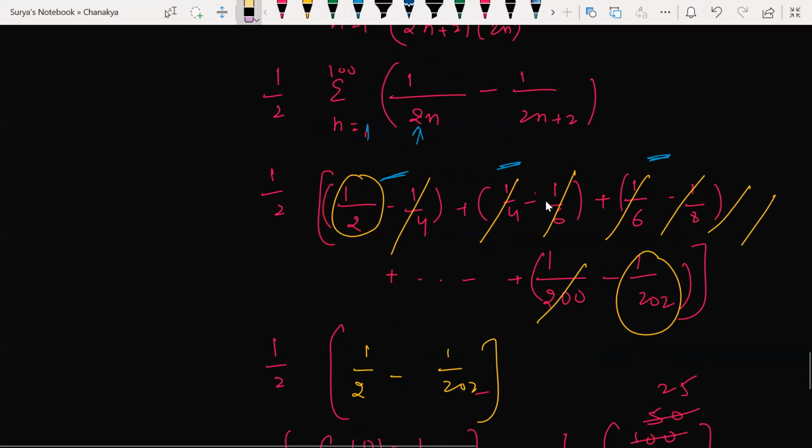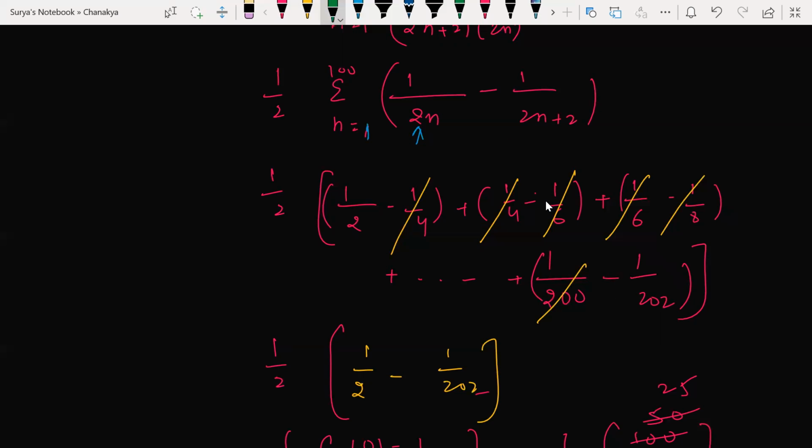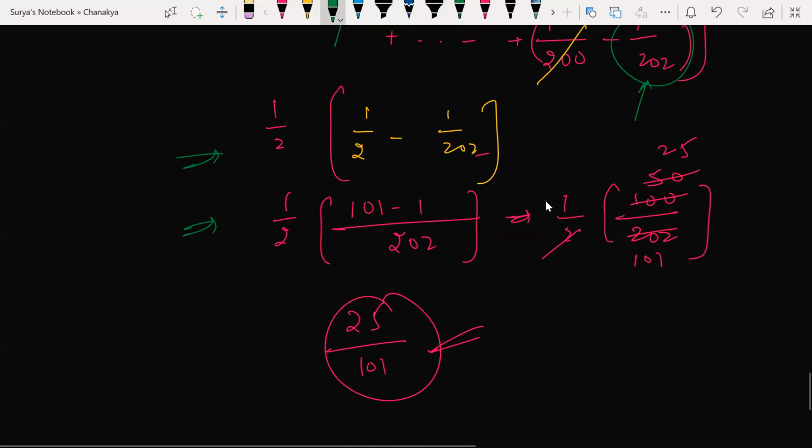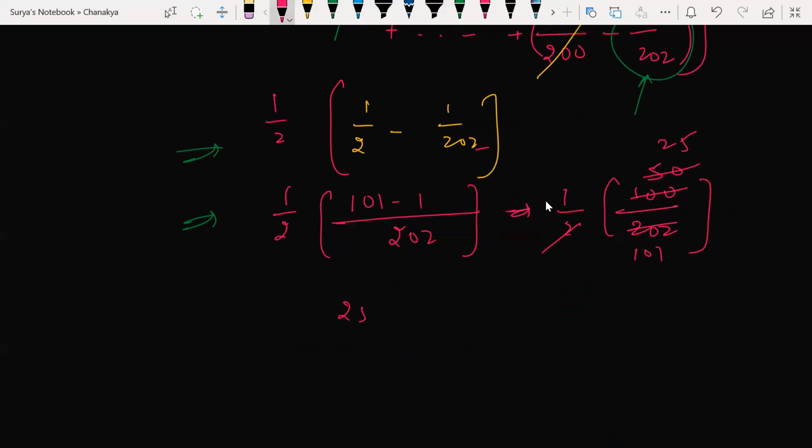So everything will be getting cancelled. The terms which are in between 1 by 2 and this one, the middle terms all cancel. I will get this term and this term. So I calculated and simplified it. I got the answer 25 by 101. Understood? Getting my point, children? So 25 by 101 is the final answer.